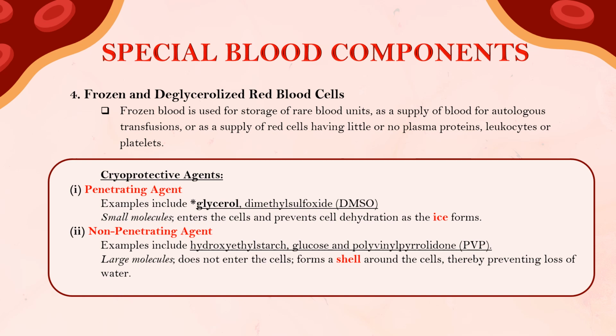These are termed penetrating agents simply because these are small molecules that are able to permeate or enter the cells, thereby preventing fluid loss or cellular dehydration by turning these cells into ice forms, or hardening your blood and blood products by making them into ice forms.